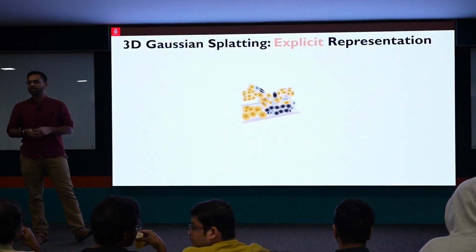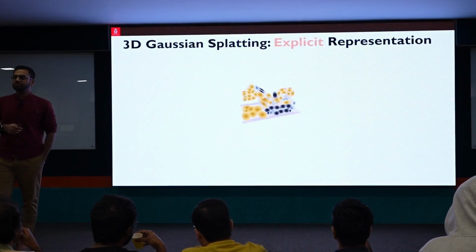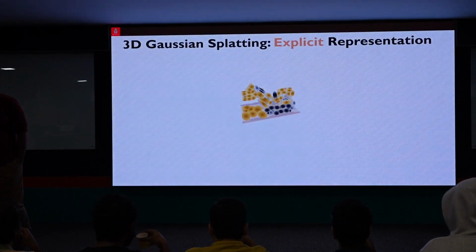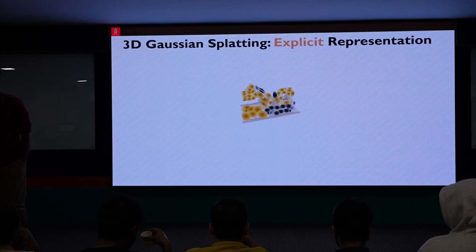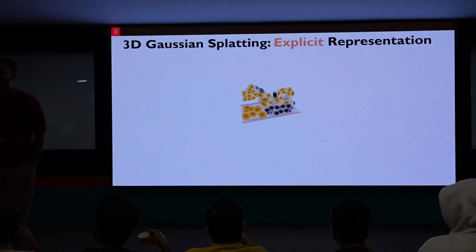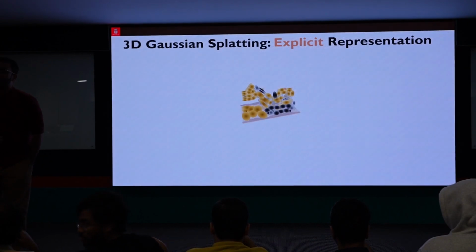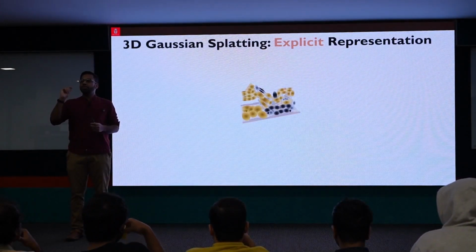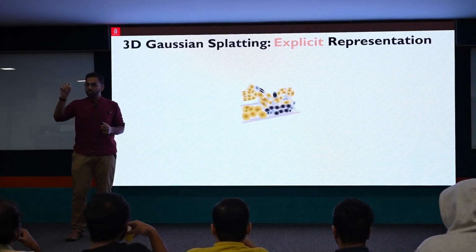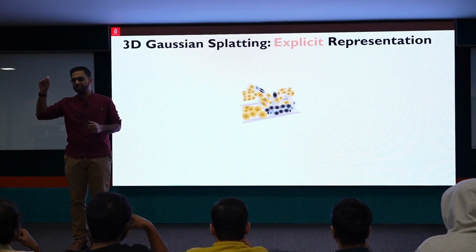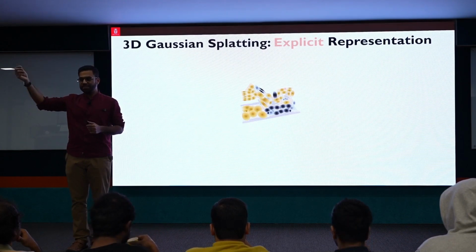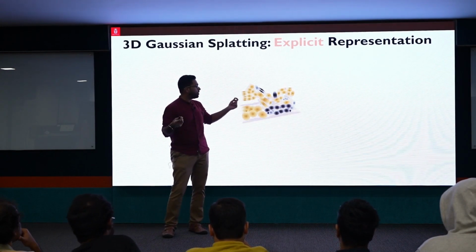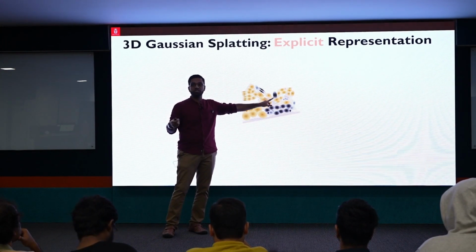Yeah. You said we can find the closest ellipsoid to what? Sorry, can you repeat the question? You said to find the closest ellipsoid. Uh-huh. What are we finding the closest ellipsoid to? Like a ray or? No. What I meant there was that in a neural radiance field, the input is an XYZ position and a direction. Yeah. And the radiance field tells you what the radiance value is, right? But here, you don't have that neural network. So if you wanted to find what the radiance is at this value, you would find the closest Gaussian function.